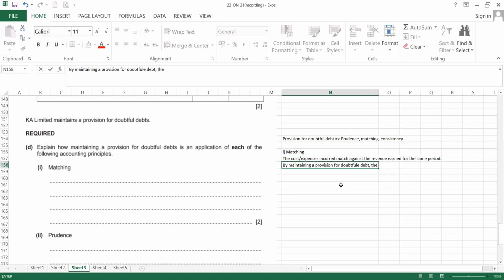the creation of provision for doubtful debt will increase the expenses and reduce the sales or revenue earned for the same period.